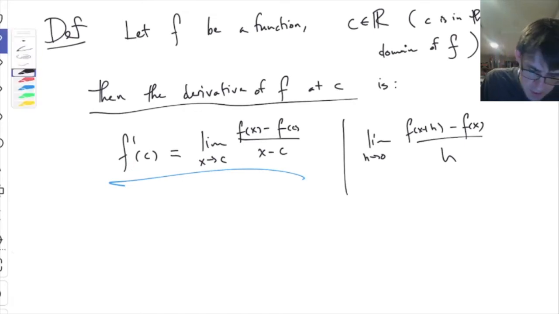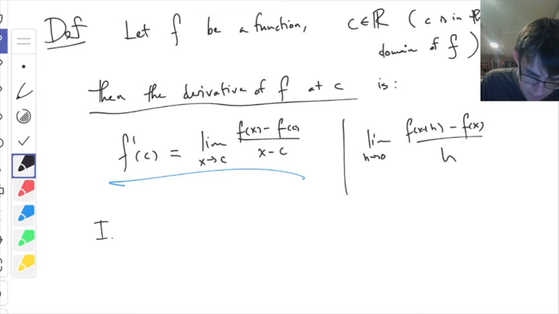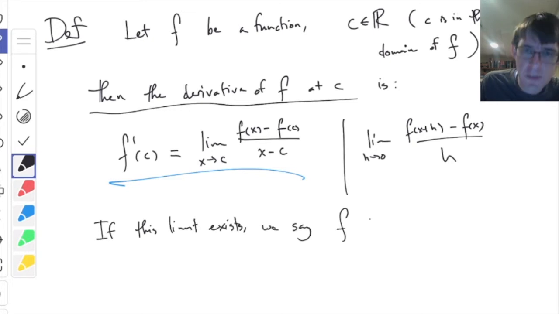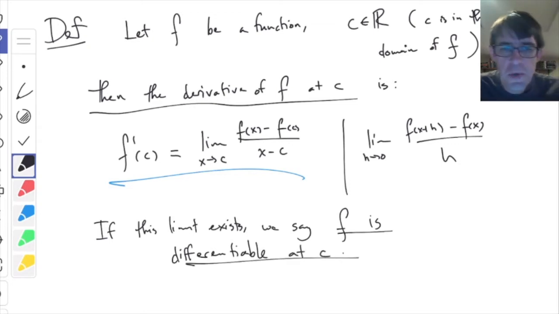Let me just say, if this limit exists, then we say f is differentiable at c. Differentiable means the derivative exists. This is everybody's favorite, the definition of the derivative that we all know and love.